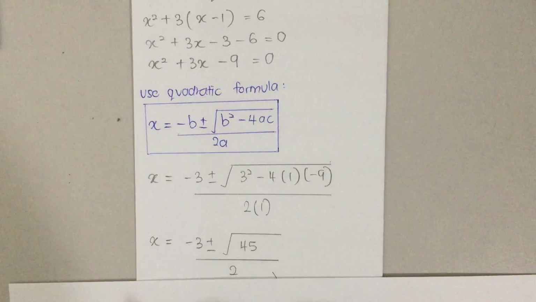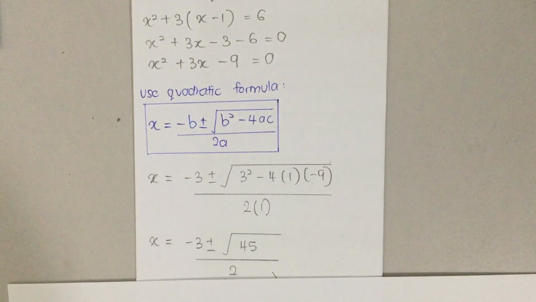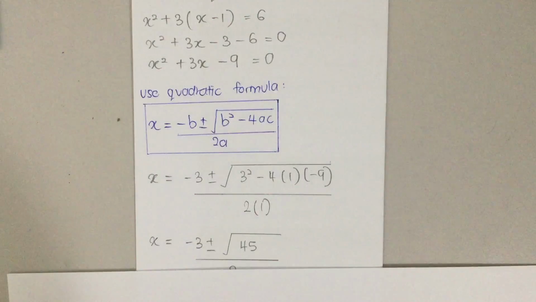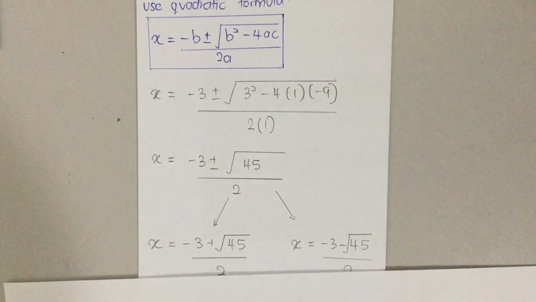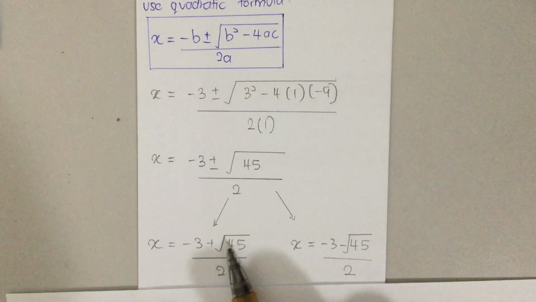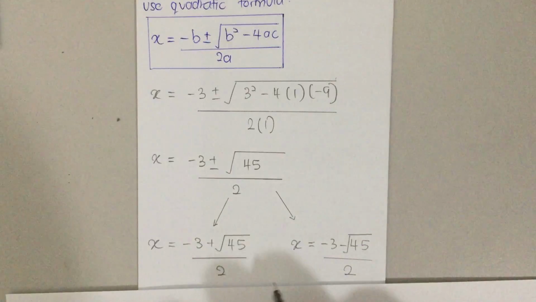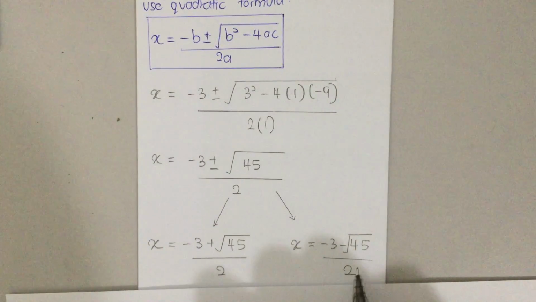Since there is a plus and minus over here, that means you will have two possible answers. So I'm going to show you the two possible answers now. You will get x equals negative 3 plus square root 45 divided by 2, and x equals negative 3 minus square root 45 over 2.